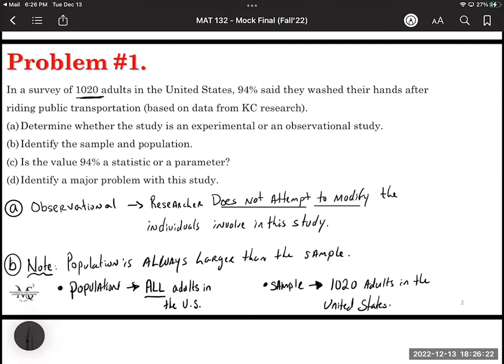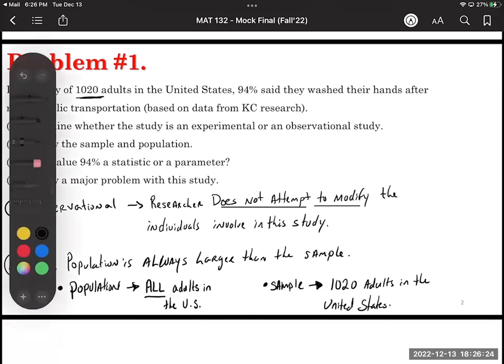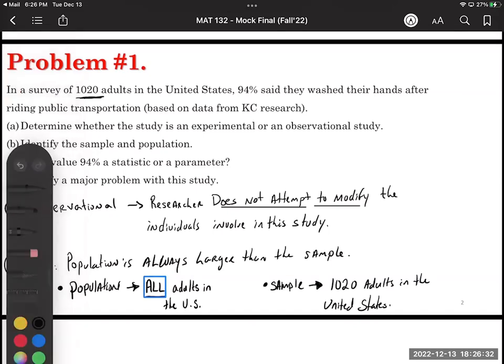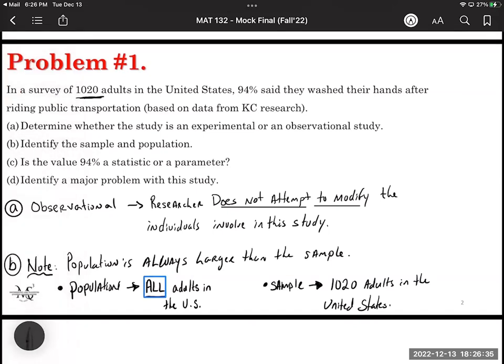So the population, again, is always larger than the sample, but just note that when you talk about a population, depending on the audience, depending on what's being studied, you typically refer to it as saying all, and then the object or individuals of study. The sample is always a subset of the population.